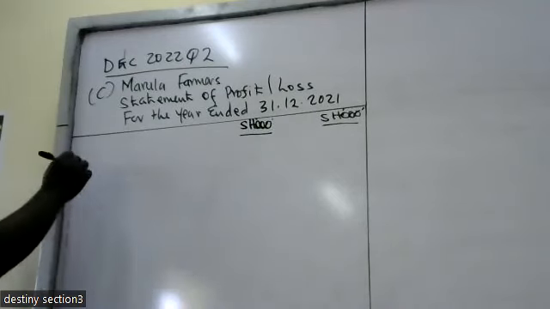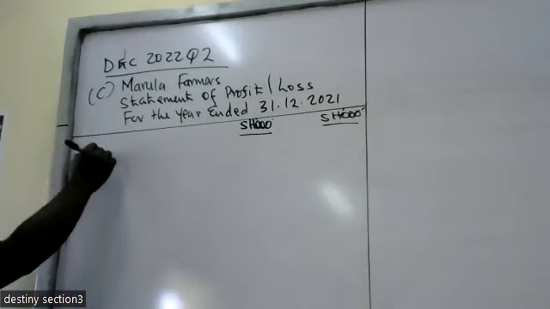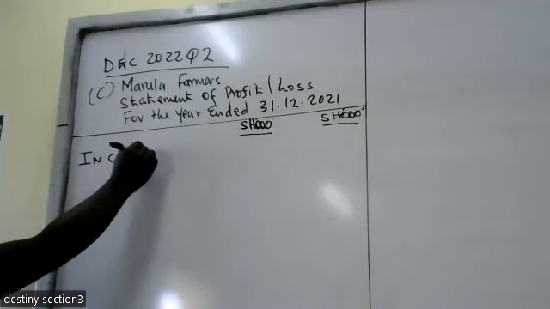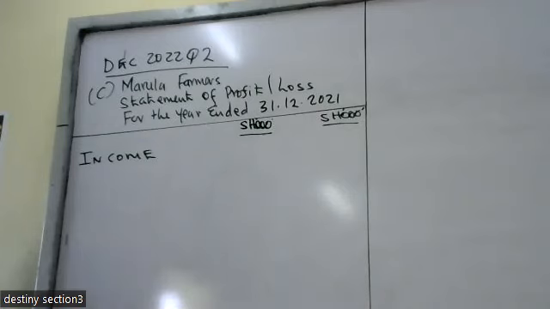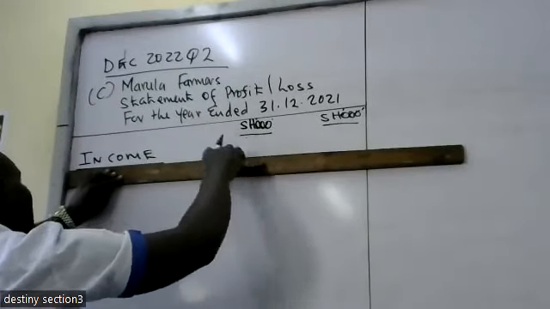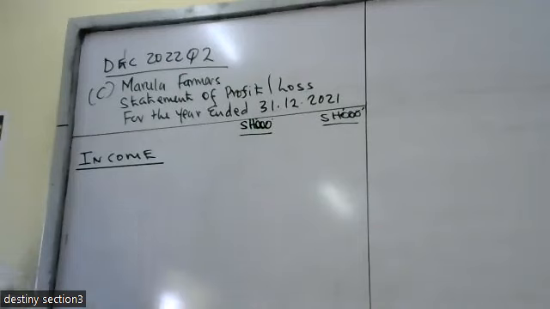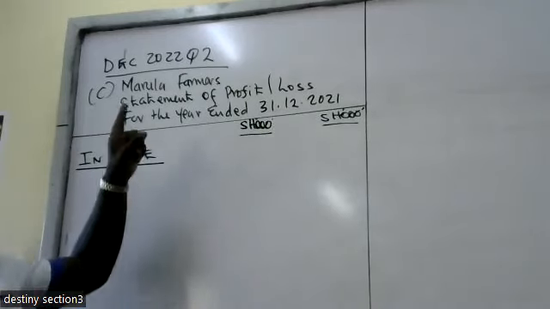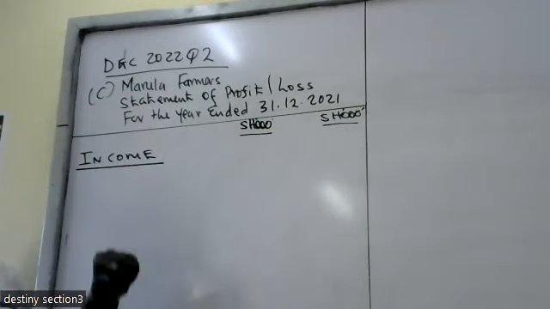So here you just tell us income. Give us income. So income, the profits which you determined from where?